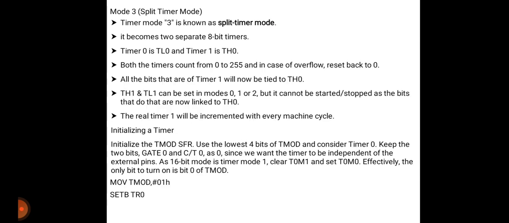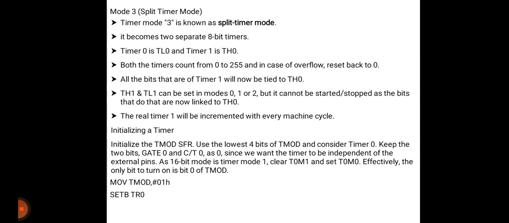Then the next one is mode 3, that is split timer mode. When timer 0 is placed in mode 3, it becomes two separate 8-bit timers, TL0 and TH0. Both count from 0 to 255, and in case of overflow they reset back to 0.